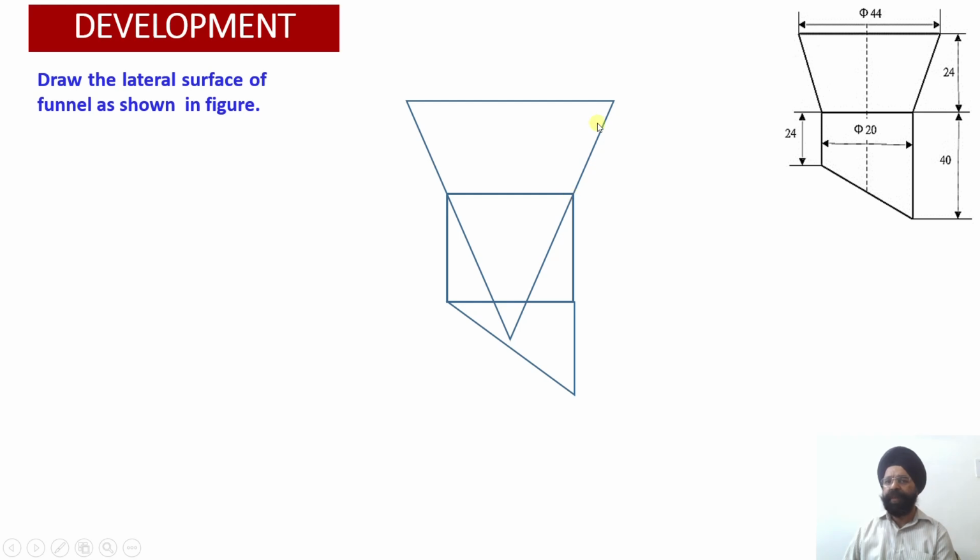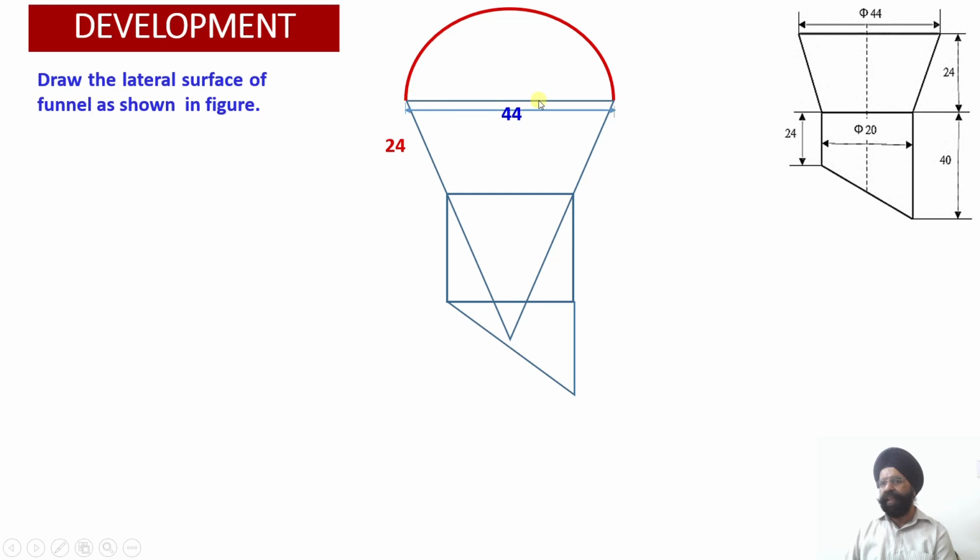The reason is quite simple: the extreme generators are single ones. O1 and O7 will lie here, and wherever you see O2, O12 is going to merge with it. They are the generators which coincide in the front view as well. So we have drawn one semicircle corresponding to this particular diameter.